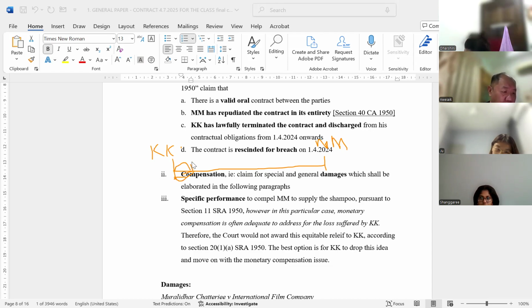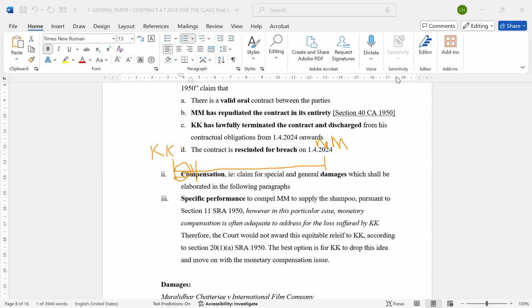KK pays MM 300,000 per month in return for 60,000 units of shampoo, and this deal happens every month, for a couple of months, 4 months, and they keep a good relationship.